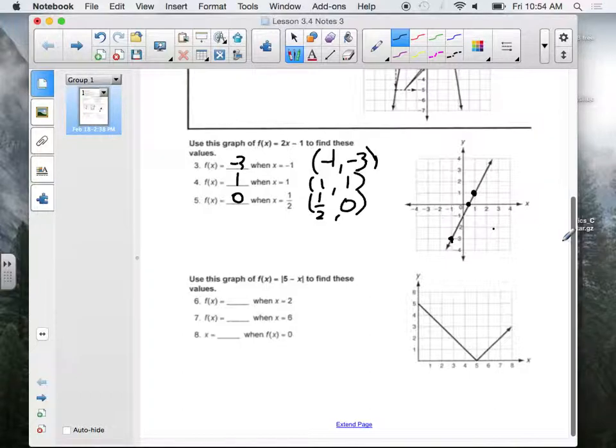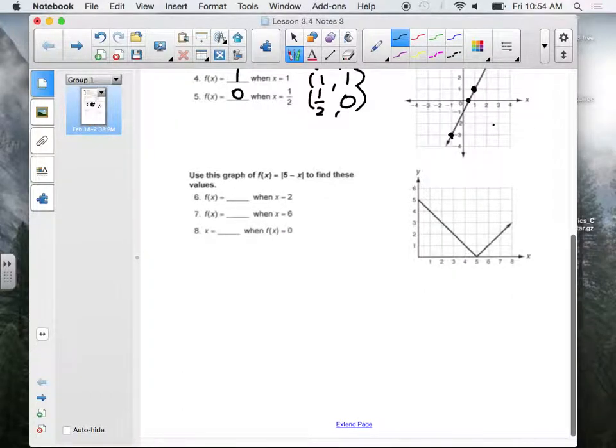Okay, so next problem. Use this graph, f of x equals the absolute value of 5 minus x, to find these values. So, someone tell me what to do first off. You find 2 on the number line. Okay, that's right there. And where does it look like it's crossing?